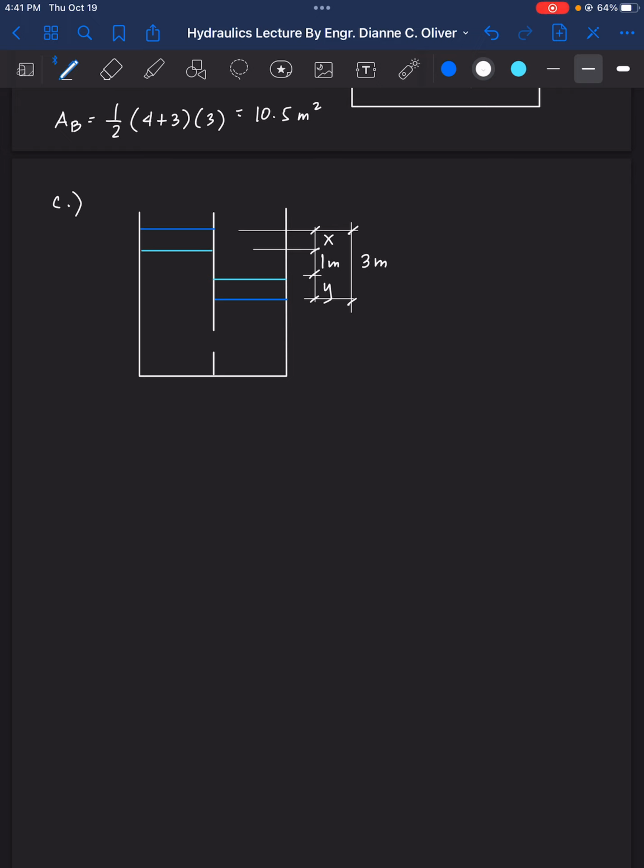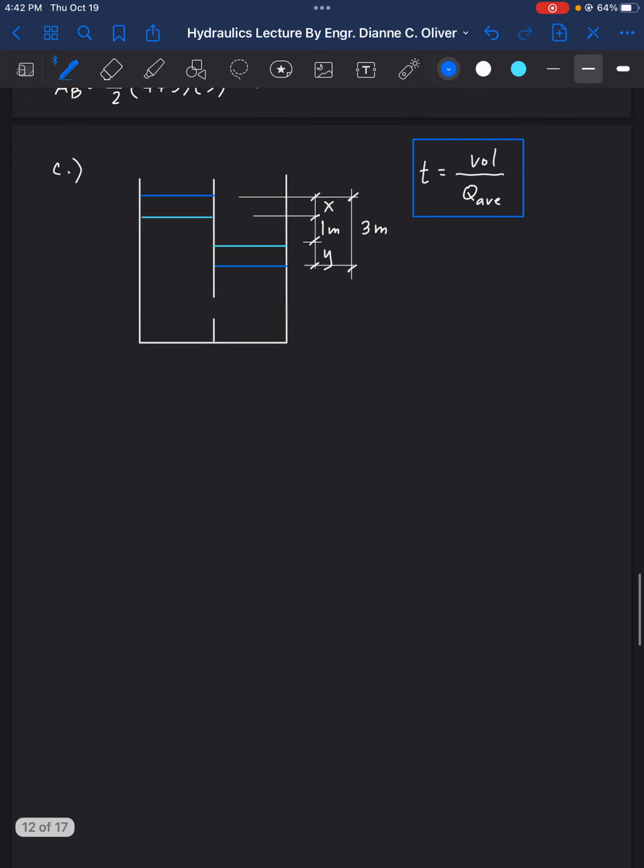So how do we solve this? We will solve this by the formula time is equal to volume over Q average. In this situation, this is what we're going to use. We will need to find first the values of X and Y in order to get the volume.